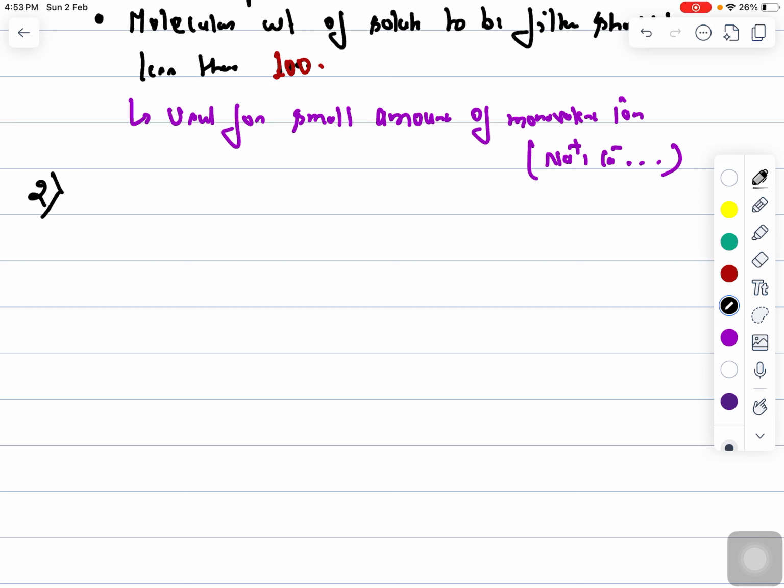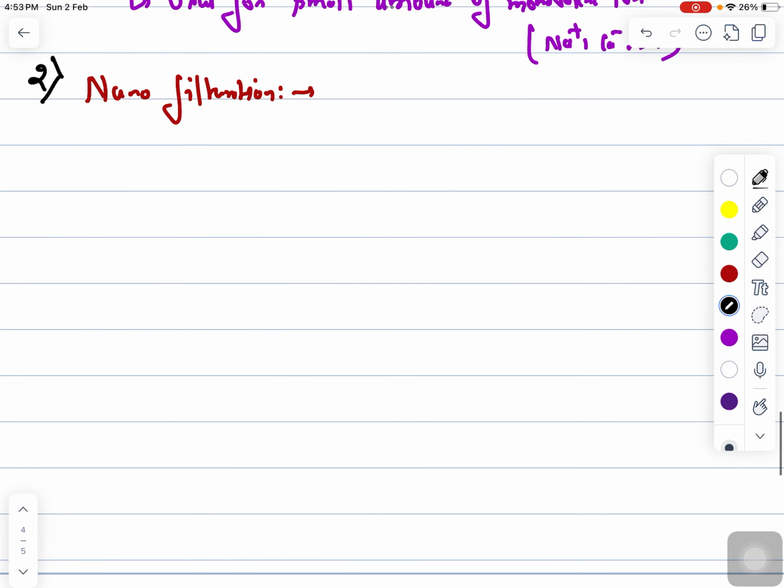Now next separation method after reverse osmosis is nanofiltration. So pore size here will lie between 5 to 20 angstrom.